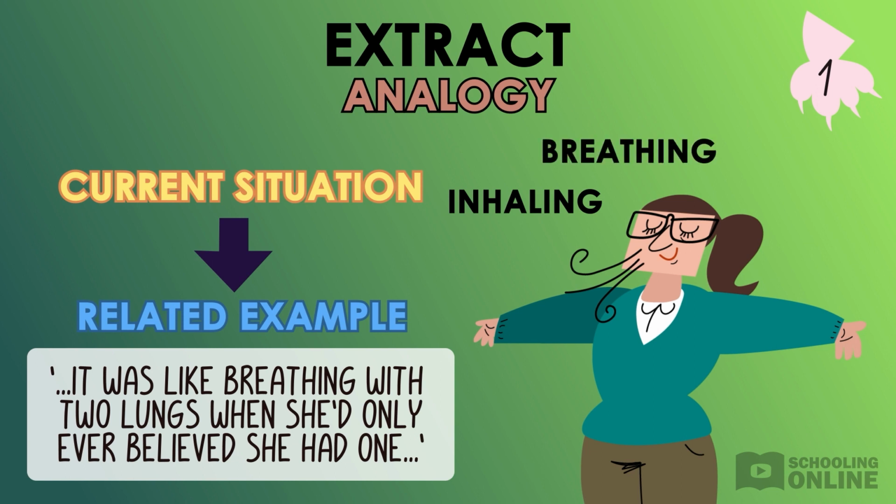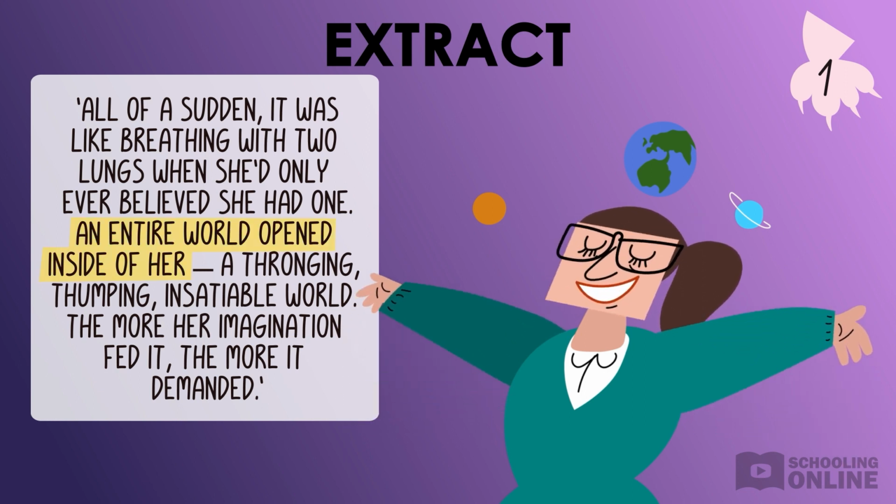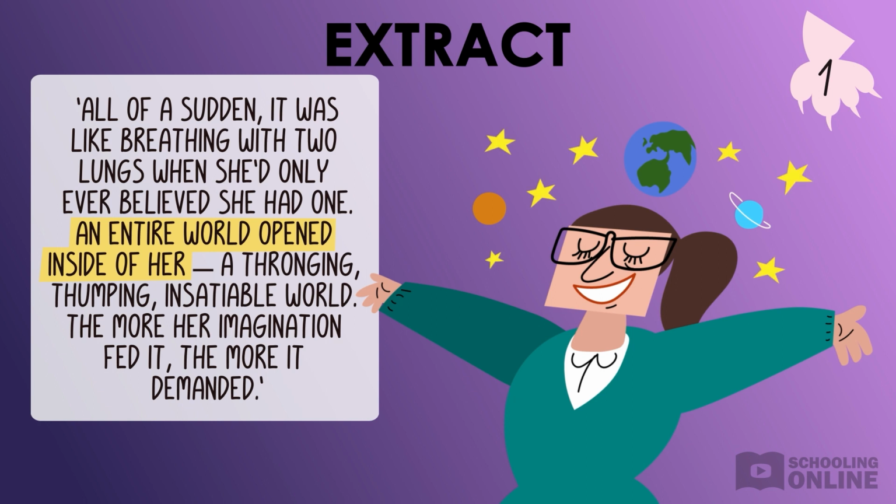Inhaling, breathing, oxygen, freedom. She feels free. She feels better than she's ever felt before. Something must have been suffocating her up until this point. But what? The extract says a world has opened up inside and she feeds it with her imagination.